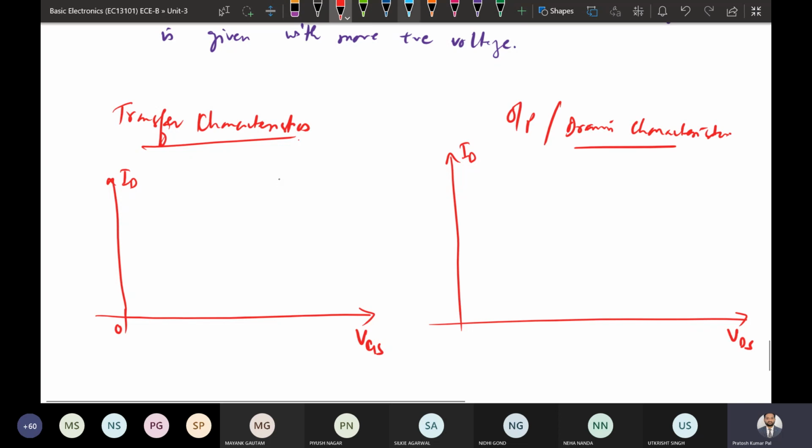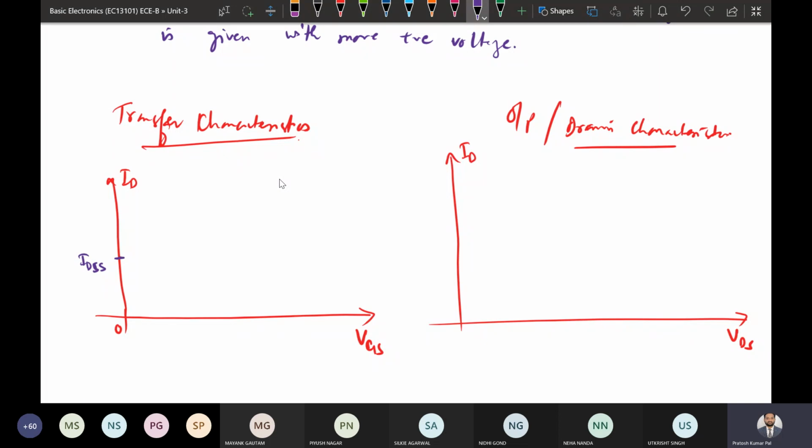Okay, so if we plot it, it will be like so. When VGS is equal to 0, at that time there is a current flowing and that current is IDSS. So at VGS equal to 0 there will be IDSS current, and as we increase the VGS, the current is going to increase.